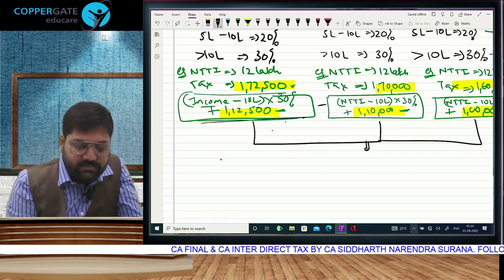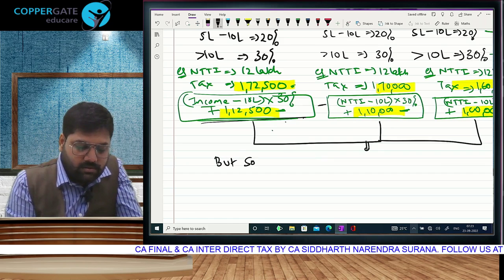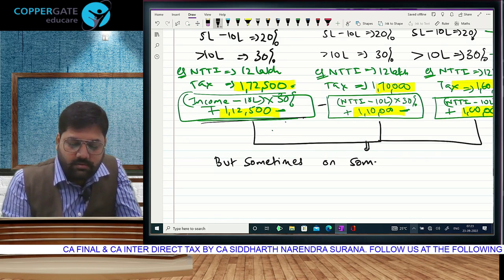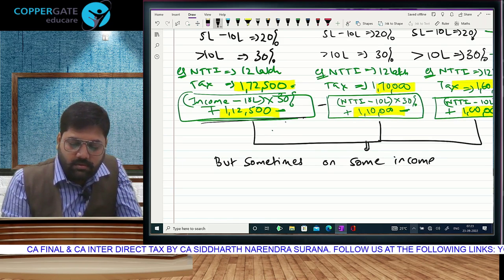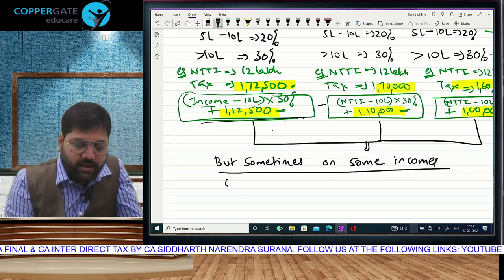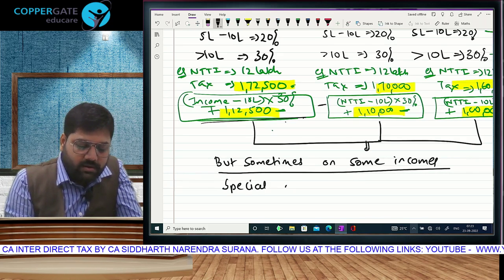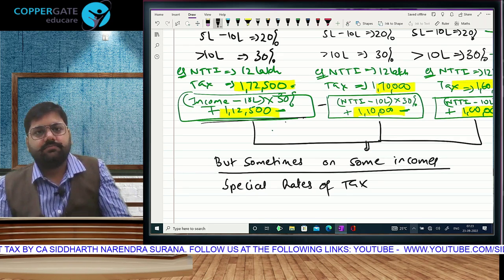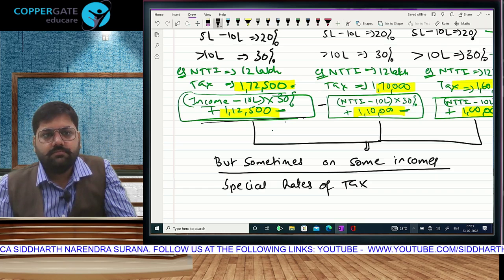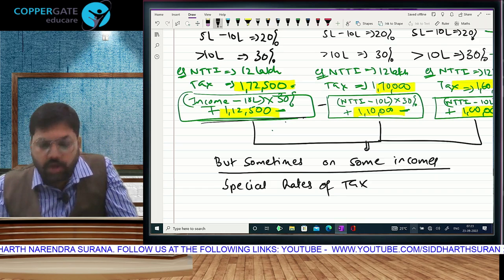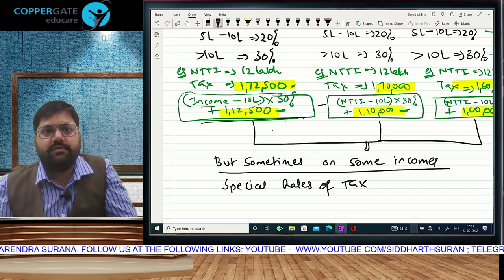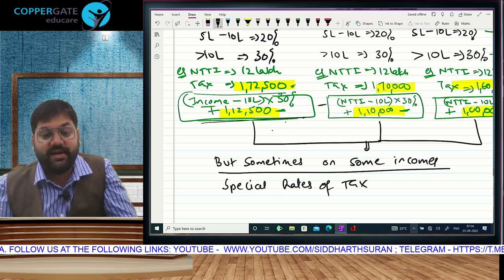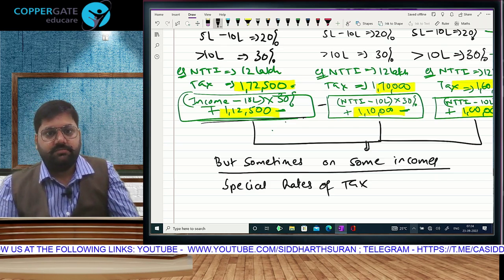But sometimes, on some incomes, we are going to have something called special rates of tax. Some incomes will not be taxed at the slabs that you have studied here. They are going to be taxed at special rates, rates different from these slabs.